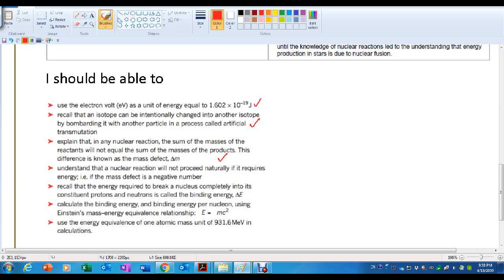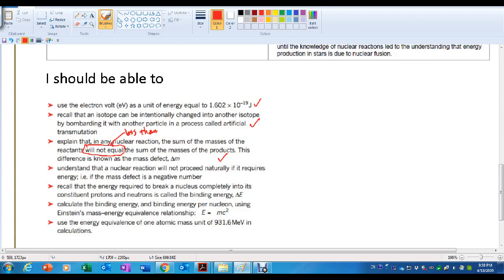Actually, less than would be stronger and more precise, because the sum of masses of the reactants will be less than the sum of masses of the products.